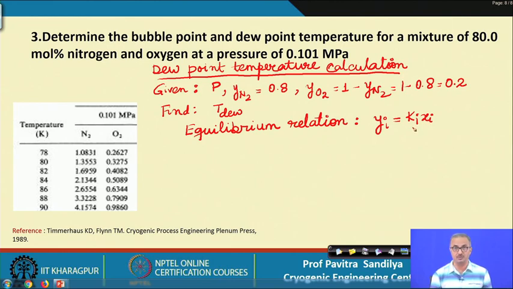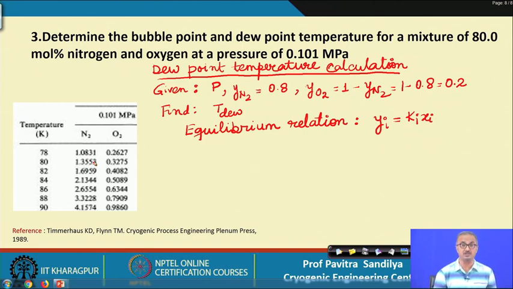This K value may be found out from some table like this, and this table has been given in the book by Timmerhaus and Flynn. So, from this table I have given you, you can see that at different temperatures for a given pressure 0.101 megapascal for nitrogen and oxygen, these two columns are giving the values of the K.